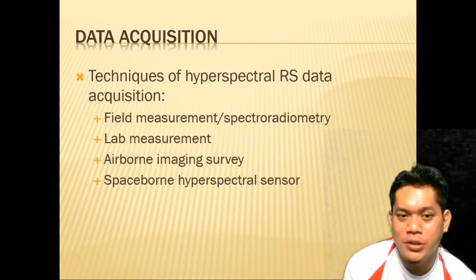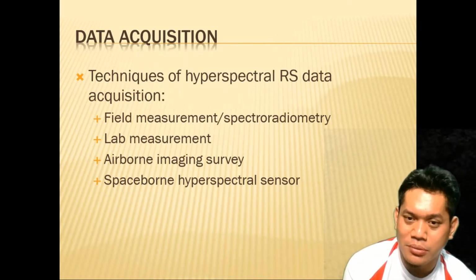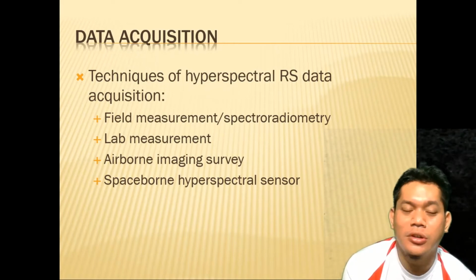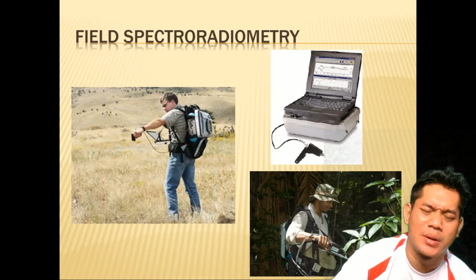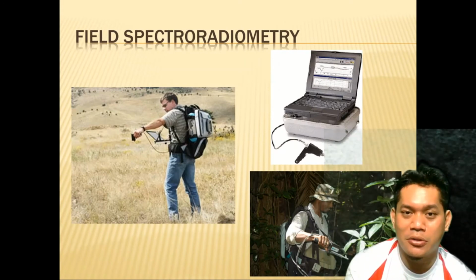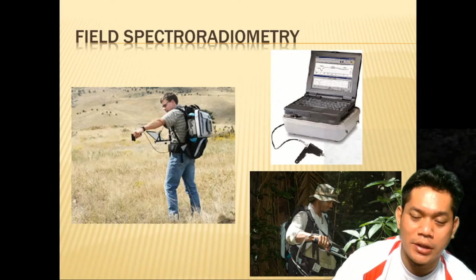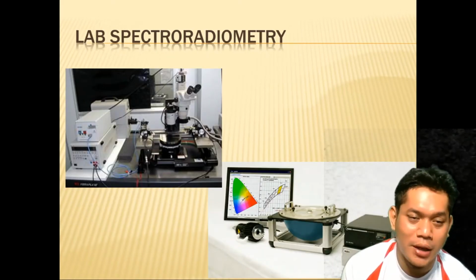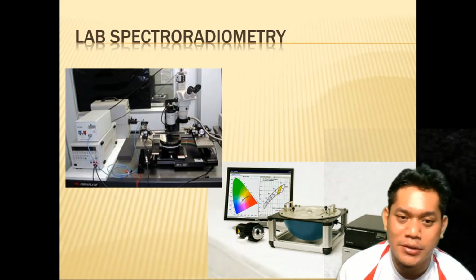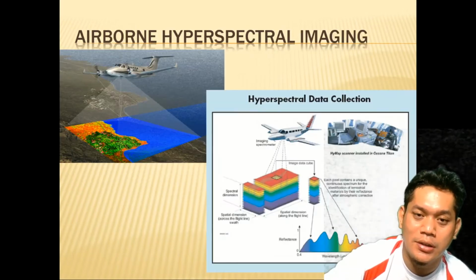Alright, we talk about the data acquisitions. Of course we are using the airborne, however there are also some field measurements or lab measurements in order to do some calibrations with the airborne data. For the field spectrometer, we use the spectral radiometer, go to the field and record the signature and compare with the images that we collect from the airborne, or we can bring the samples back to the lab and put them inside the spectral radiometer in the lab.